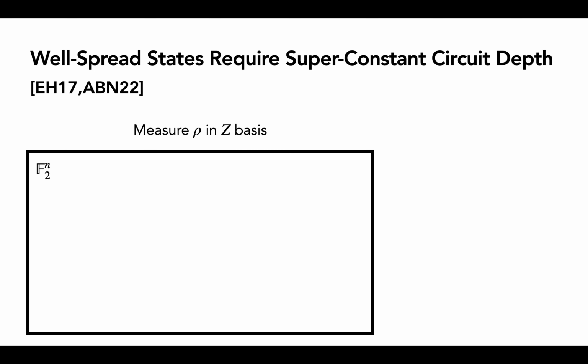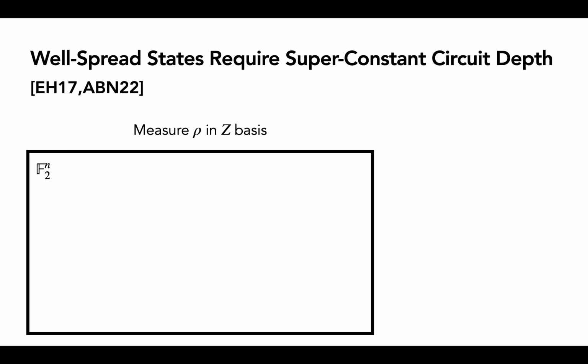Great, so how are we going to prove the circuit lower bounds that we need to obtain NLTS Hamiltonians? Well, Eldar and Harrow and the subsequent work by Anshu, Breuckmann, and Nirkhe took the approach that we can use this idea called well-spreadness to establish circuit lower bounds. Say we imagine measuring a state rho in the computational Z basis.